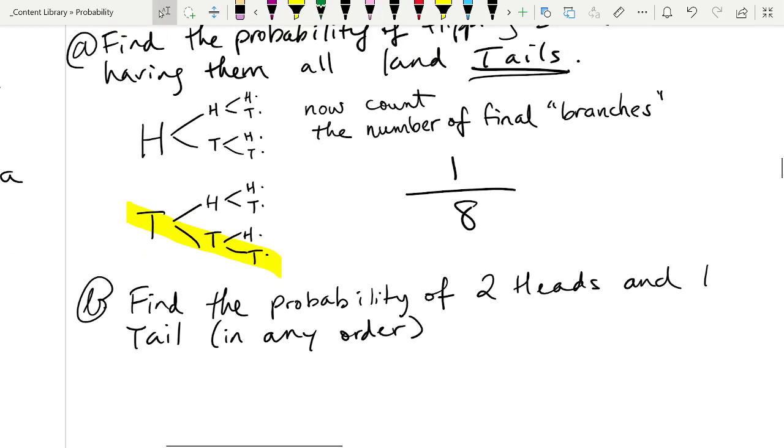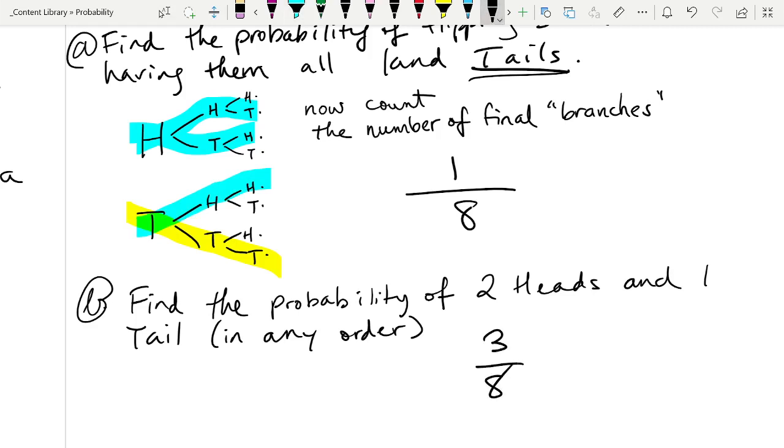Or I could go back to my diagram and use a different highlighter. I'll use blue this time, and say, where is it 2 heads and a tail? Right here: heads, tails, heads. So there's 1. Heads, heads, tails. There's 2. And down here, tails, heads, heads. So counting, I get 3 out of 8.